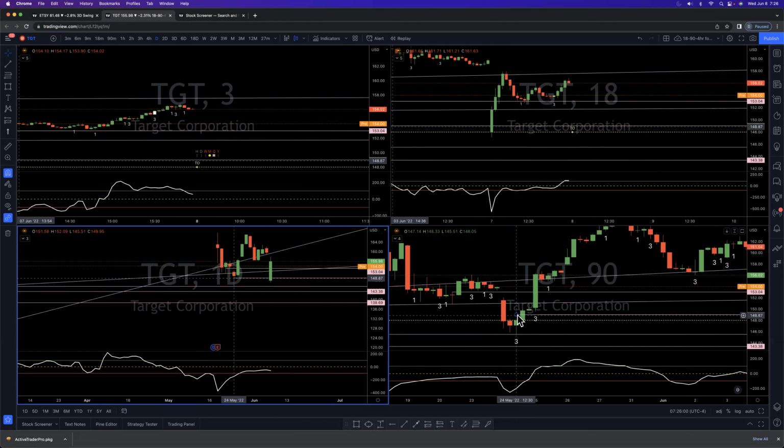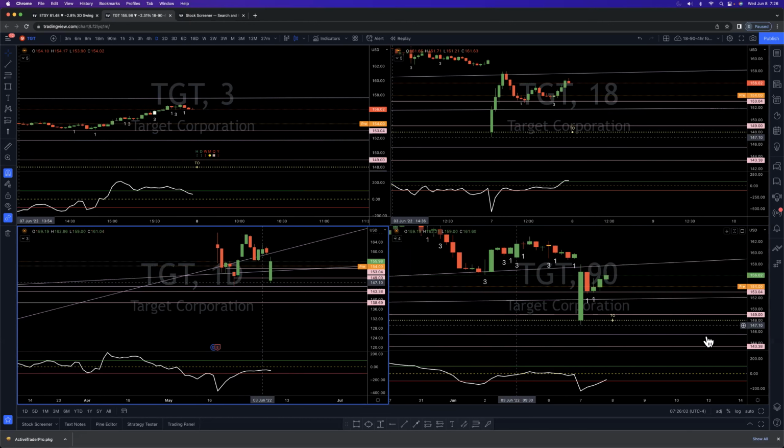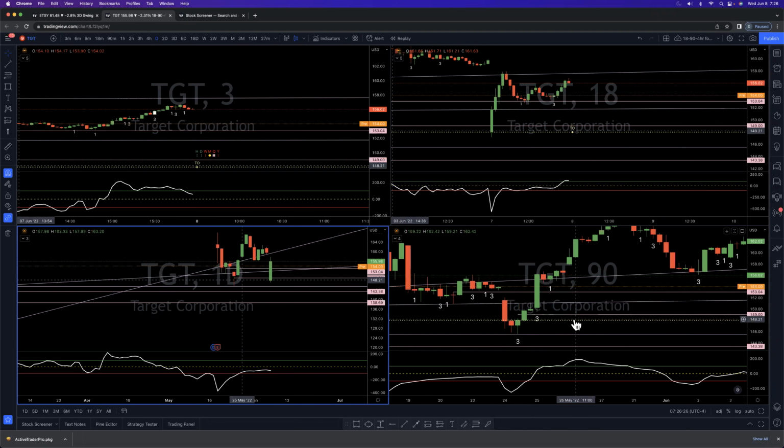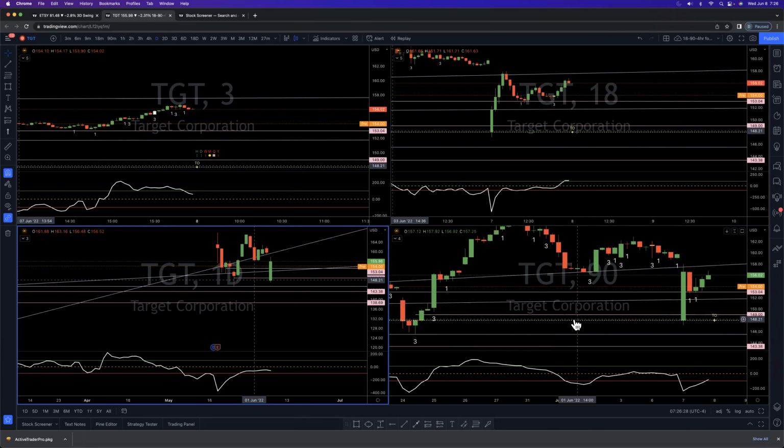I just wanted to show it at 149. When we met yesterday, I said I wanted to see price trade above 148.33, and I just randomly made a call there at 149 because I rounded up. I wanted it to be above this outside bar, looking for a 3-2 continuation. So that's where that came in.